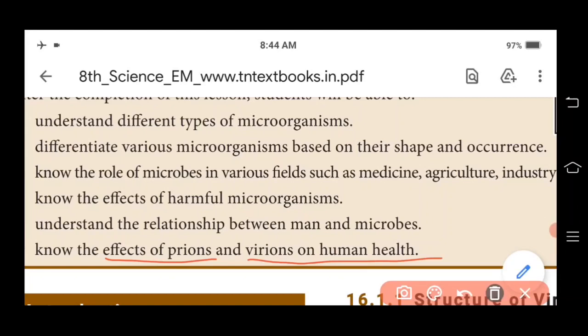So these are the objectives we are going to learn in our Unit 16, Microorganism.